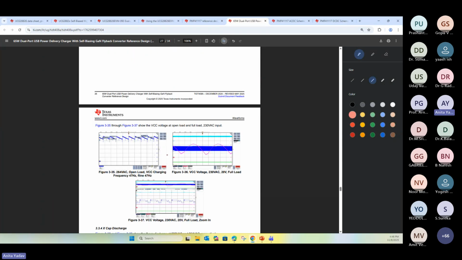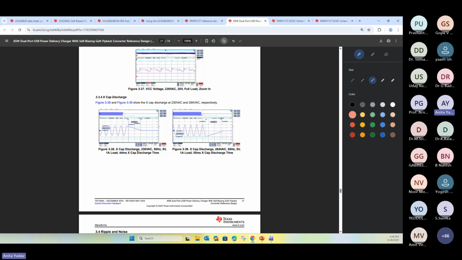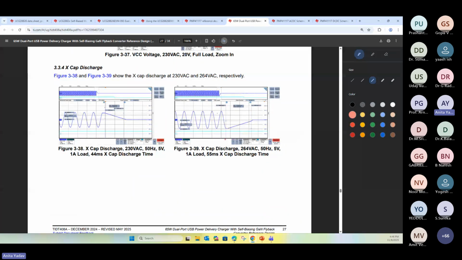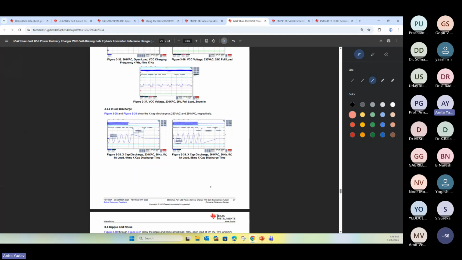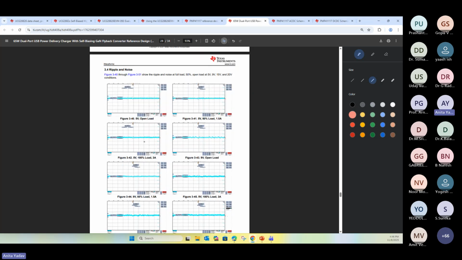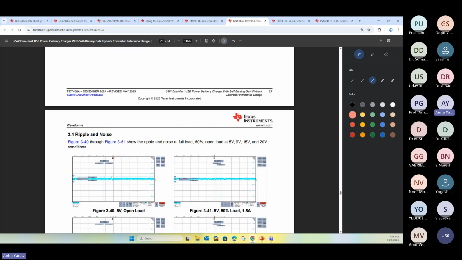And then X-cap discharge, which I have already discussed, the same waveform as last time. And then ripple and noise. For the ripple measurement, I would like to highlight one thing. What happens when we do the ripple measurement? Generally a lot of extra noise gets coupled, and you will see a very noisy waveform sometimes, like this.